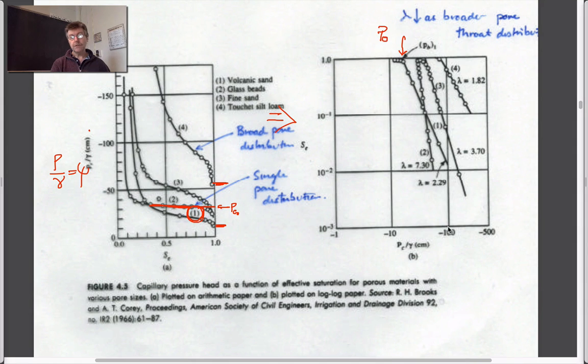Small number, large number, much larger number. So the one with the smallest entry pressure is this, which therefore has to be this curve, which hopefully is number 1. This one is number 1. The one with the largest entry pressure is going to be number 4, which indeed it is.